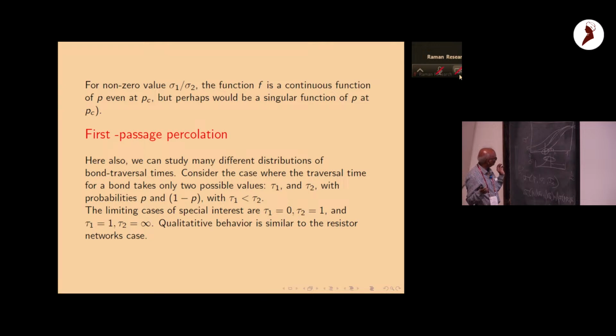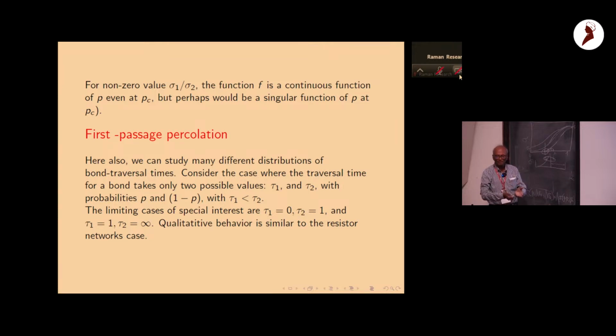I'm just trying to think about this problem because it intrigues me a little bit. So I take this 0, 1 problem. There are a few bonds, this is just near the percolation cluster, but there is an infinite cluster connected from all sides. Now I increase sigma 1 from 0 to a non-zero value.